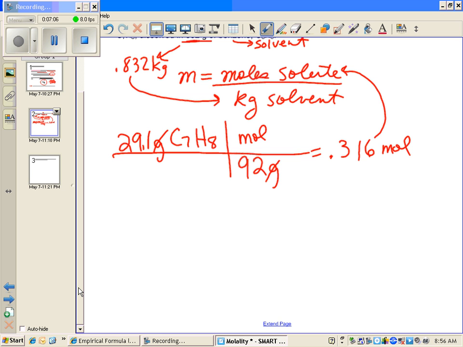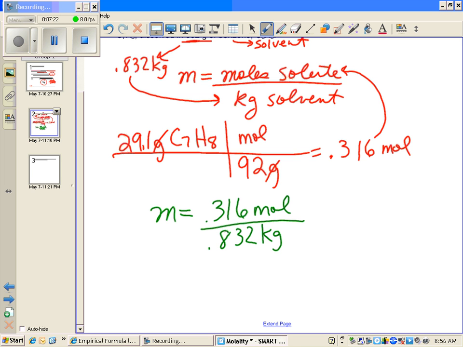All right, so now let me do that problem. So again, molality equals moles of solute over kilograms of solvent. My moles of solute was 0.316 moles. My kilograms of solvent was 0.832 kilograms. All right, questions there?